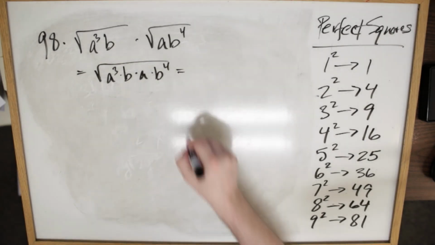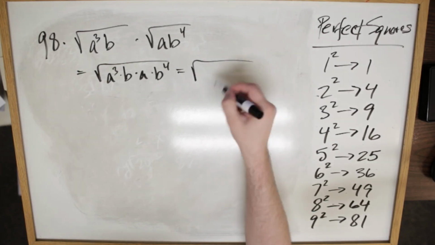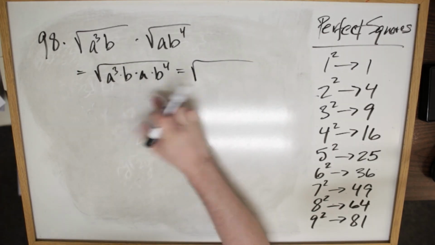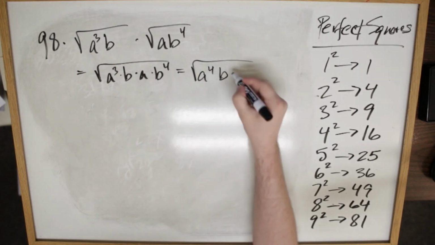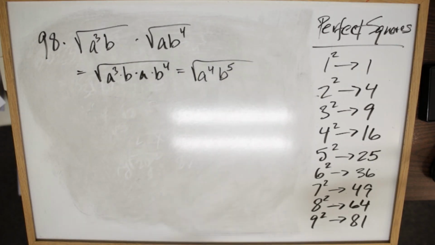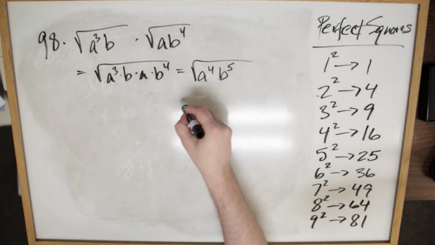So this is the same thing as the square root of a to the third times a, which is a to the fourth, and b times b to the fourth, which is b to the fifth. Okay. And now we can go ahead and break these into their individual perfect squares.